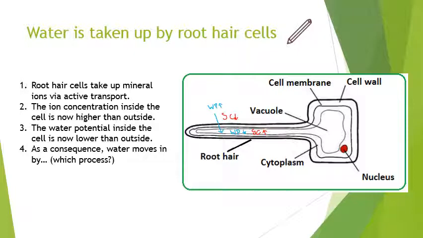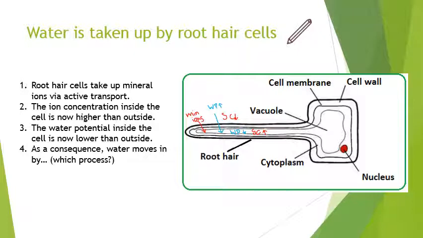Well, this is where active transport comes in. So the plant is going to actively transport mineral ions into its cytoplasm. Yeah, so mineral ions are transported in with active transport, and hopefully you remember that active means that it costs the plant cell energy.